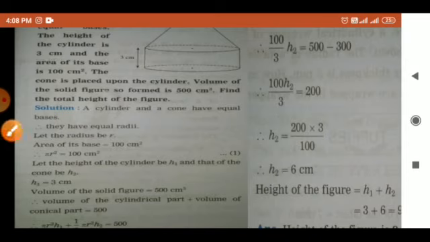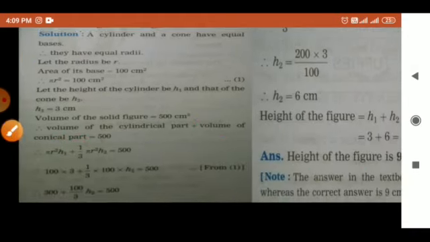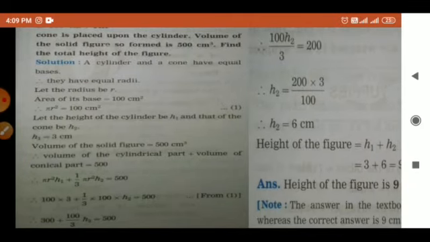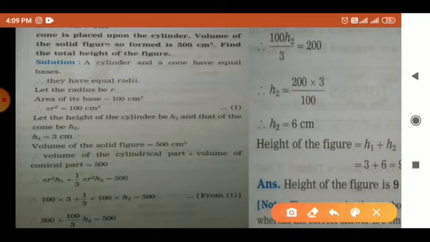So the volume of the figure formed is given as 500. As I said, the volume of the total solid will be equal to the volume of the cylindrical part plus the volume of the conical part. So now we will apply the formula. Volume of cylinder means pi r square h, and volume of cone means 1 upon 3 pi r square h.